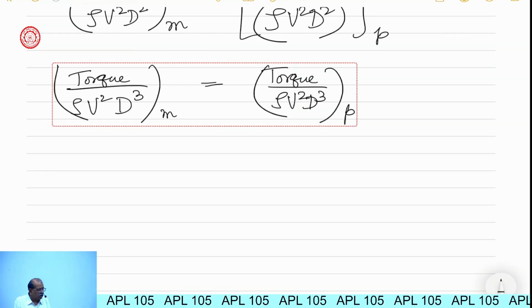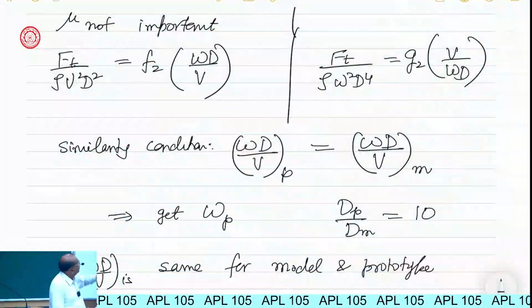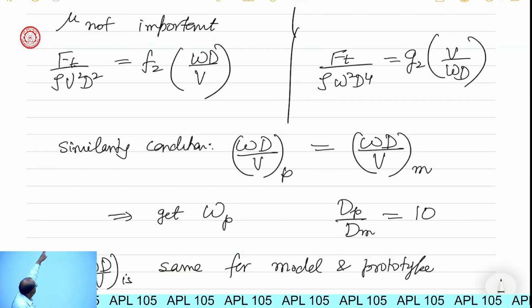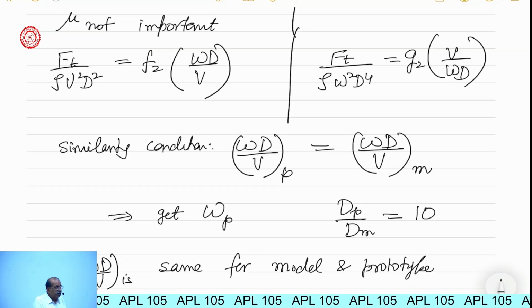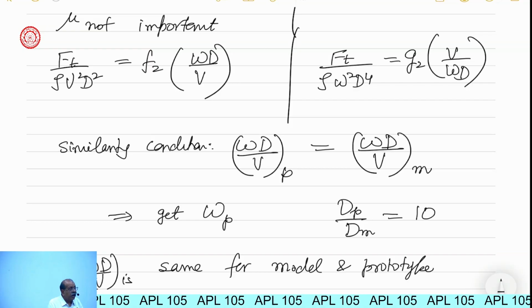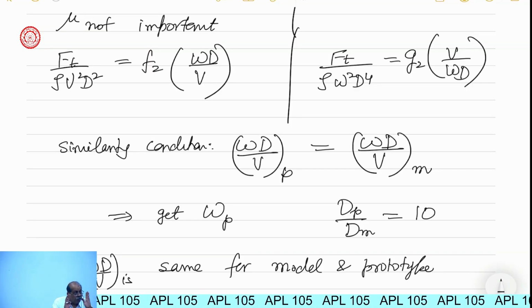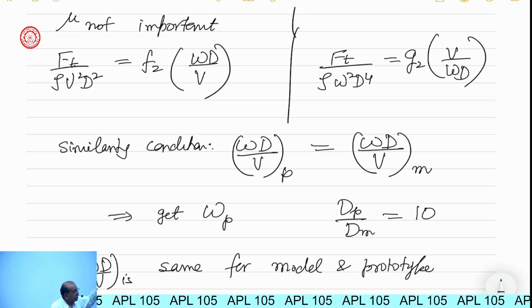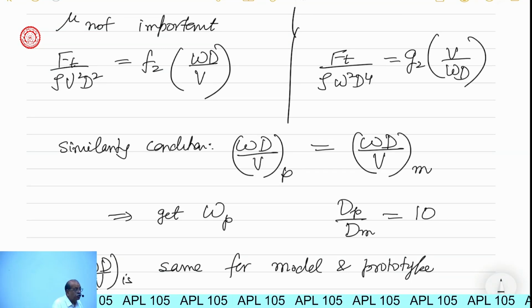So while doing the problem is very straightforward, the concept and the simplicity it leads to is coming from this functional relationship. That the torque and the thrust are only functions of omega d by v. So if you match omega d by v for the model and the prototype, you can estimate the thrust force on the prototype if you know the thrust on the model.